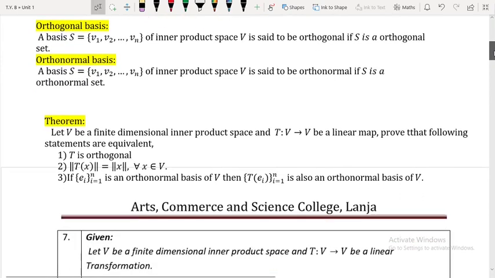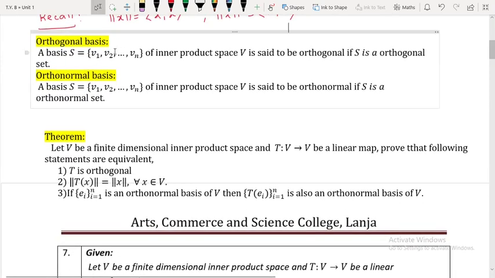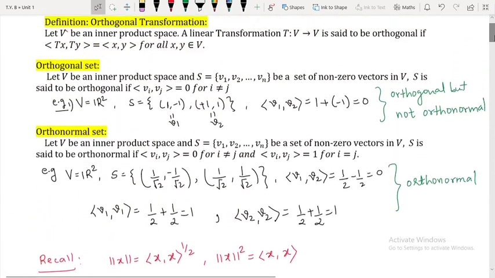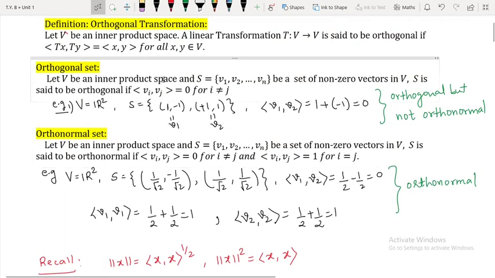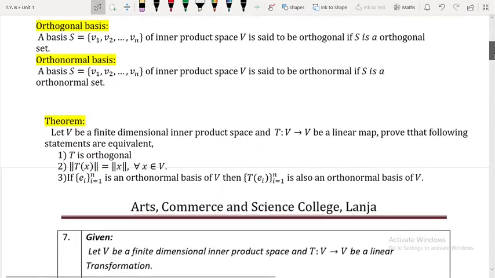Okay, so it's simple. A basis is said to be a basis of an inner product space. Naturally V should be an inner product space, right? Because orthogonal and orthonormal sets exist where? In an inner product space, because we are talking about inner product over there, so naturally there should be an inner product on the vector space, right?